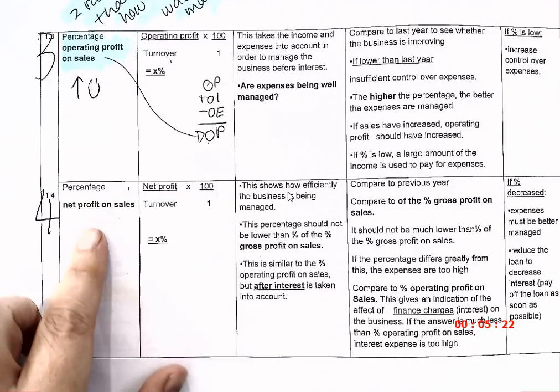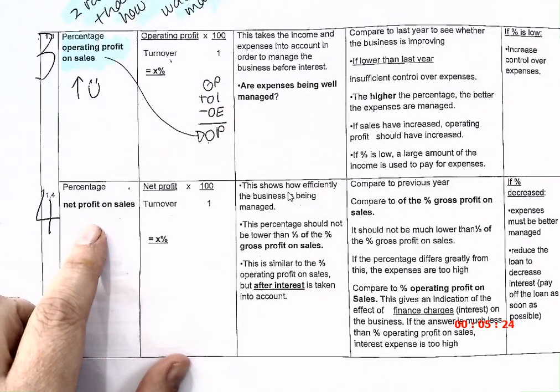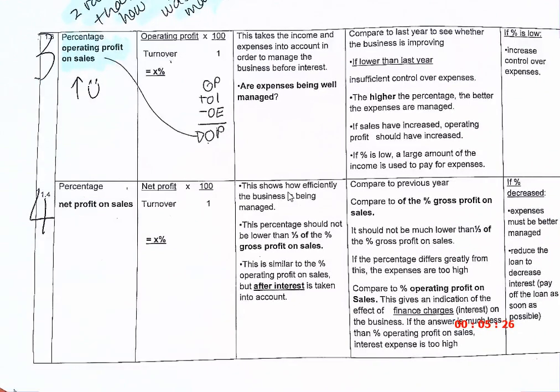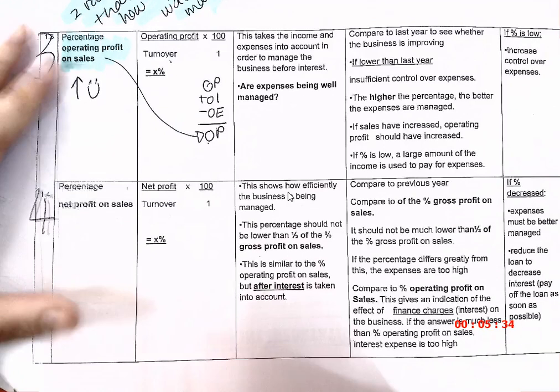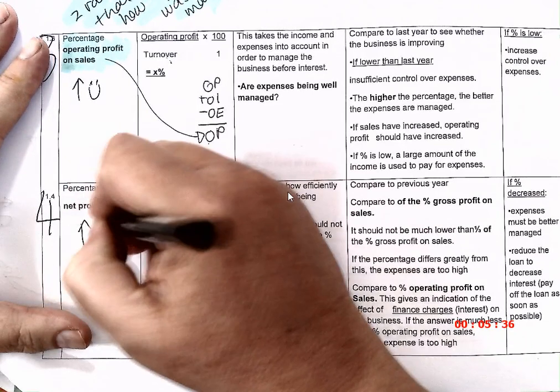Now, net profit on sales. Net profit on sales also show, is my business being managed well? That's it. And also I want this thing to increase because it makes me happy.